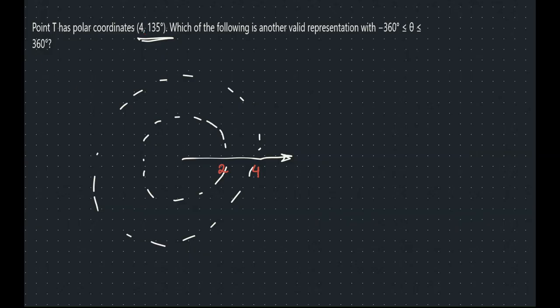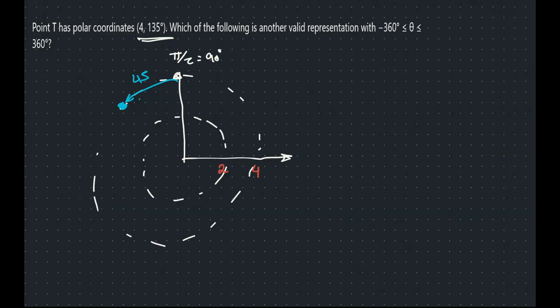I think it's obvious that this is pi over 2 or 90 degrees. So point T is going to be somewhere here. And this is exactly 45 degrees from this point, because we have 135 and we reached 90, and we need another 45 to reach 135.